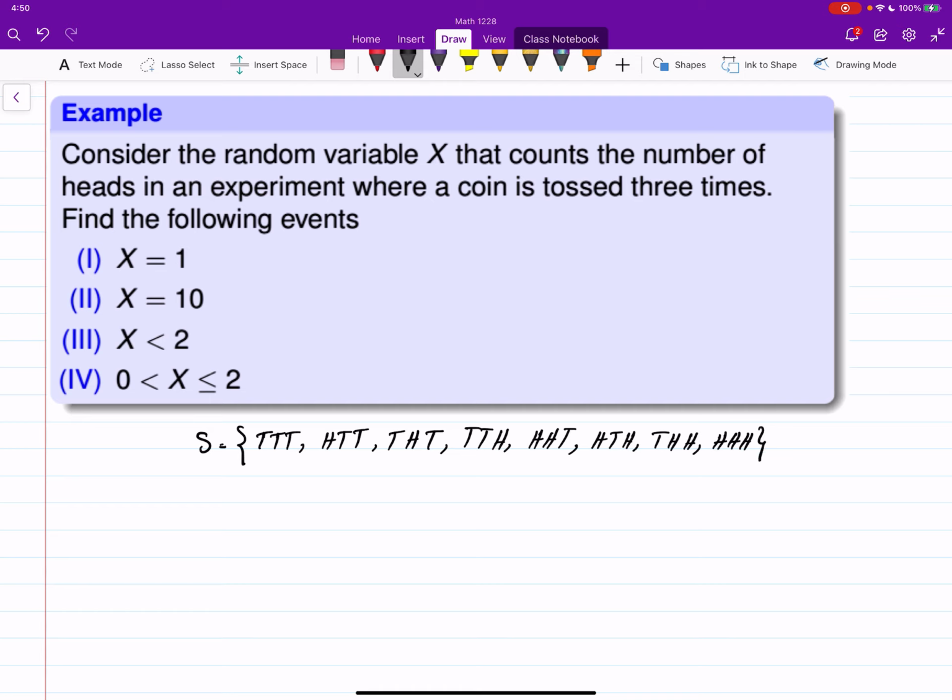The random variable X gives, for each of these points, the number of heads: 0, 1, 1, 1, 2, 2, 2, and 3.